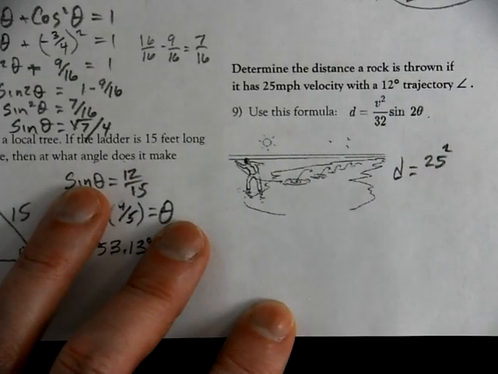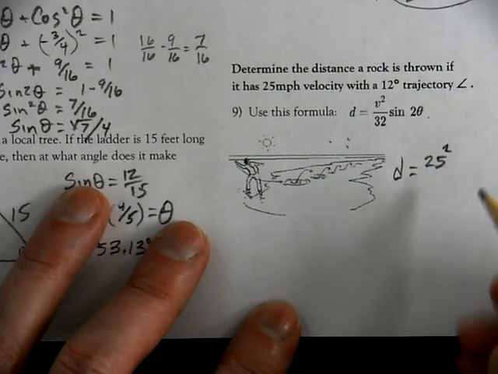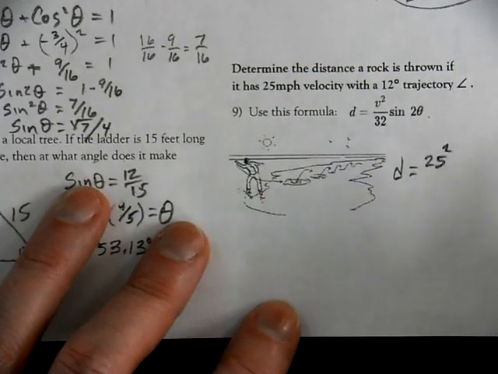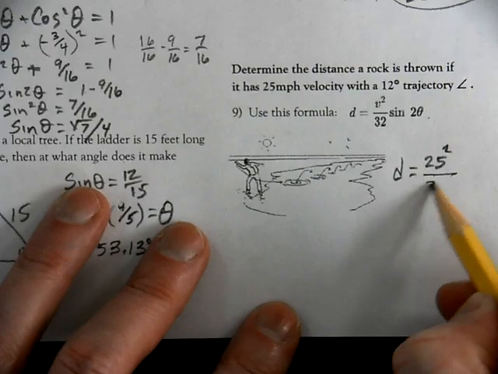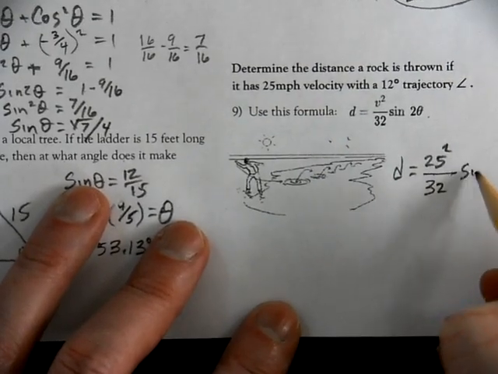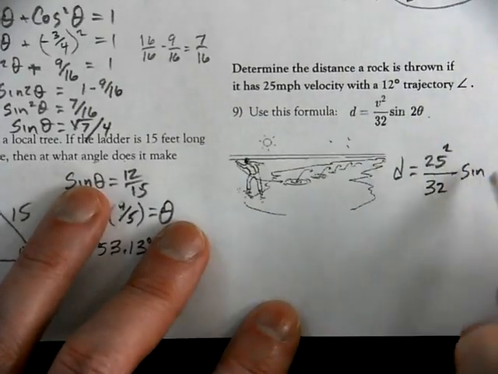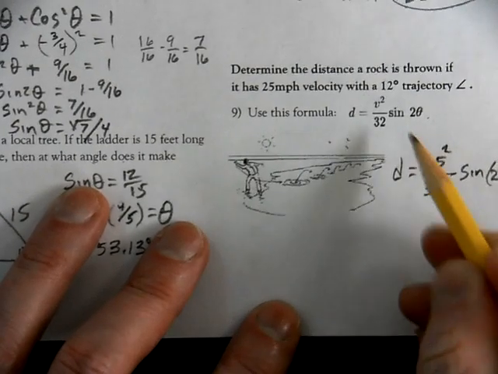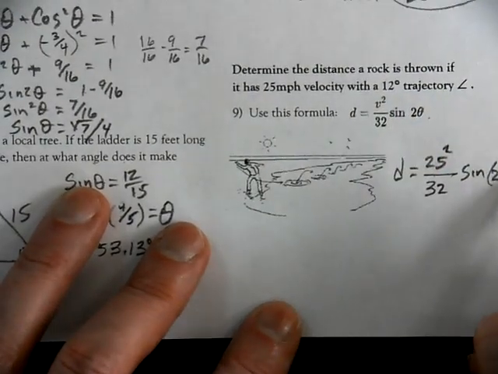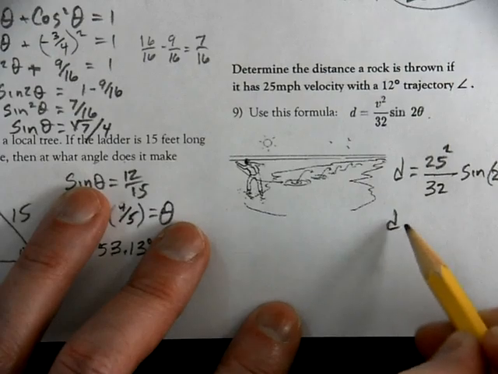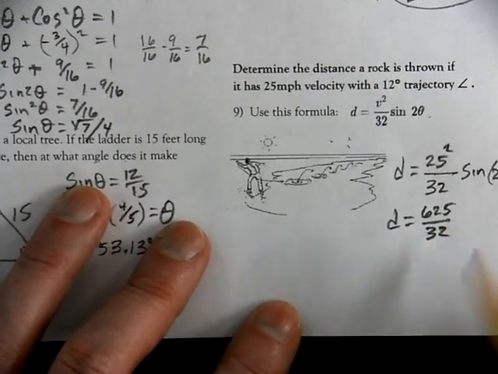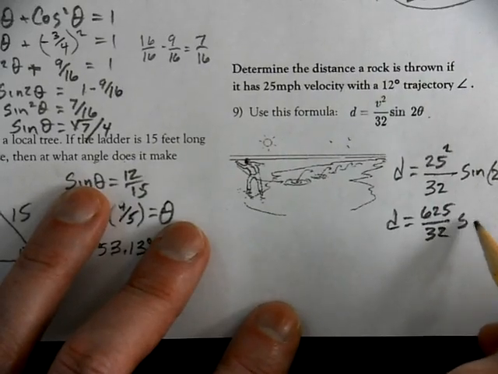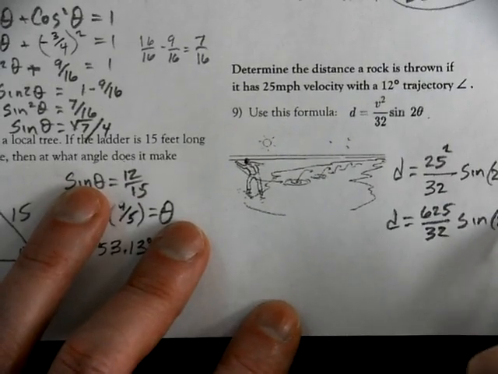25, okay, it says miles per hour. Oh, I don't like that. It should probably be feet per second, but again, that's what happens when you make up story problems. 2 times theta, 2 times 12. So our distance is 625 divided by 32 times sine of 24.